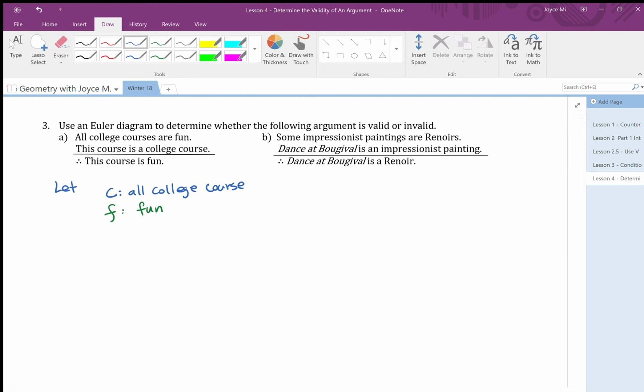And I'm going to let the star represent this course, the course I'm talking about. This course is a college course, which is Math 32 in this case, a geometry class.